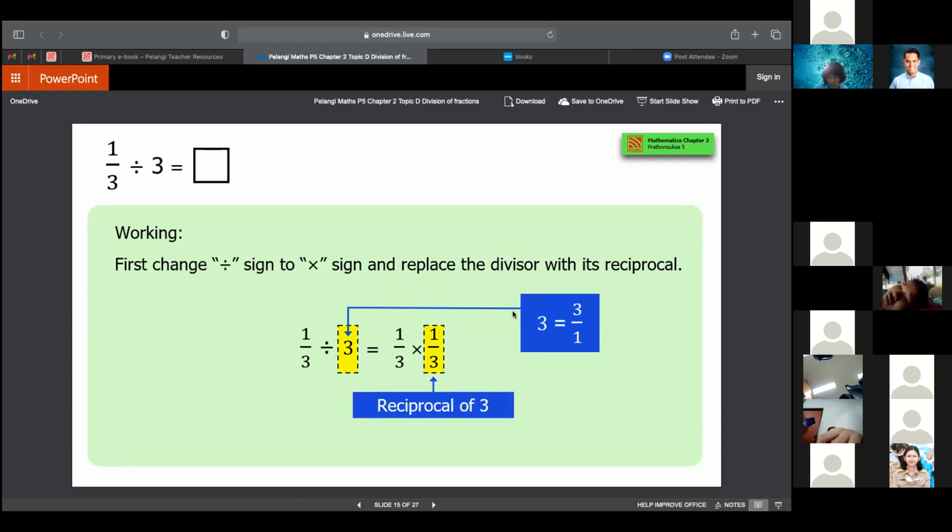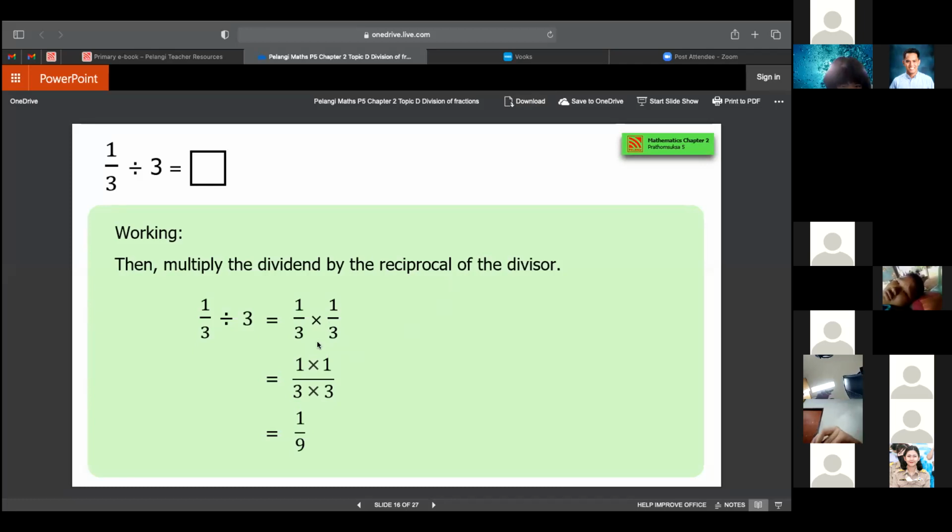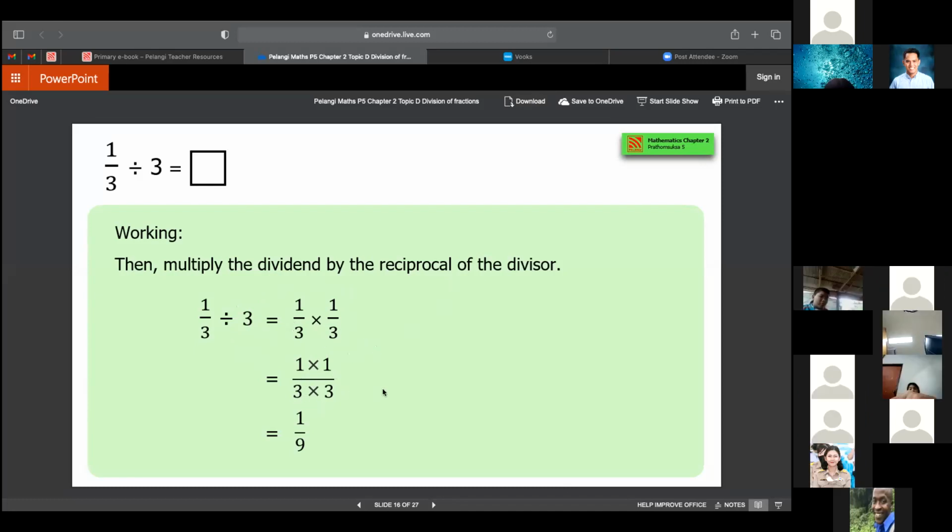Next, multiply. 1 times 1, 3 times 3 is equal to 9. So first, you change division to multiplication, and then get the reciprocal of the second number. When you write 3/1, the reciprocal is 1/3. Then multiply: 1 times 1, 3 times 3. So the answer is 1/9.